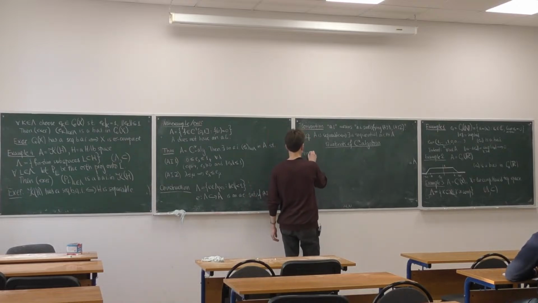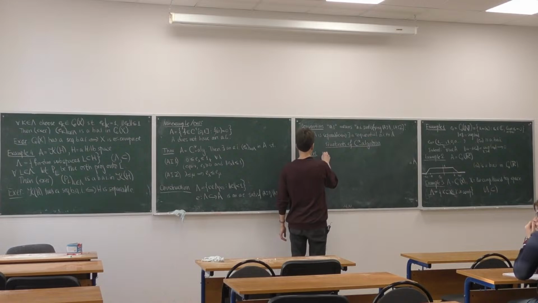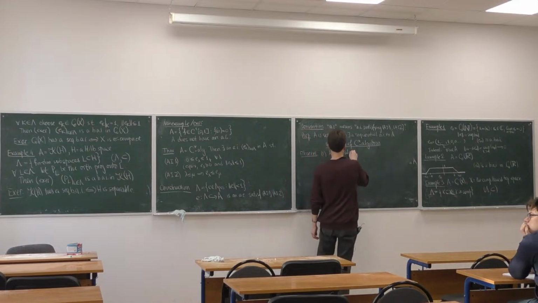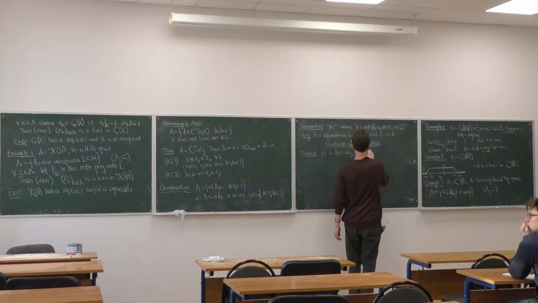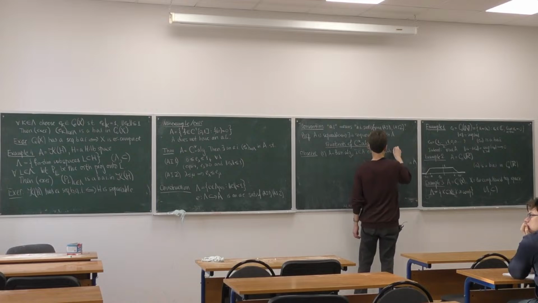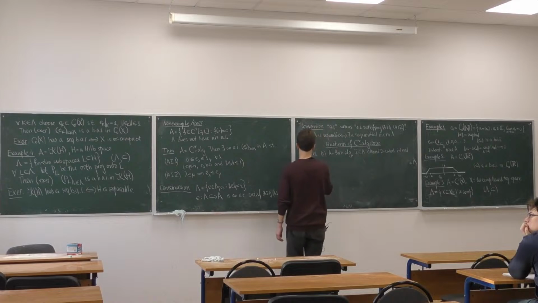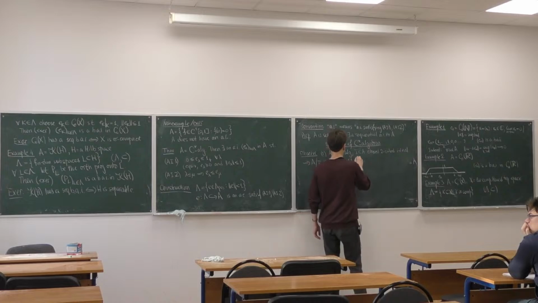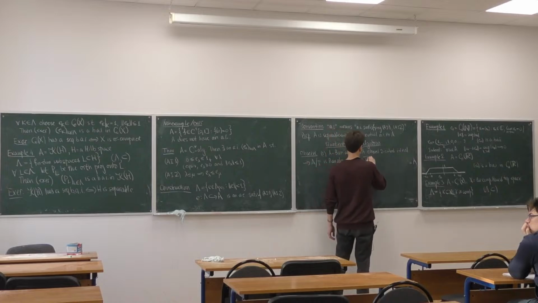A simple observation: if A is a Banach algebra and I is a closed two-sided ideal of A, then the quotient of A modulo I, clearly this is an algebra, but this is also a Banach algebra with respect to the standard quotient norm given by the following formula.